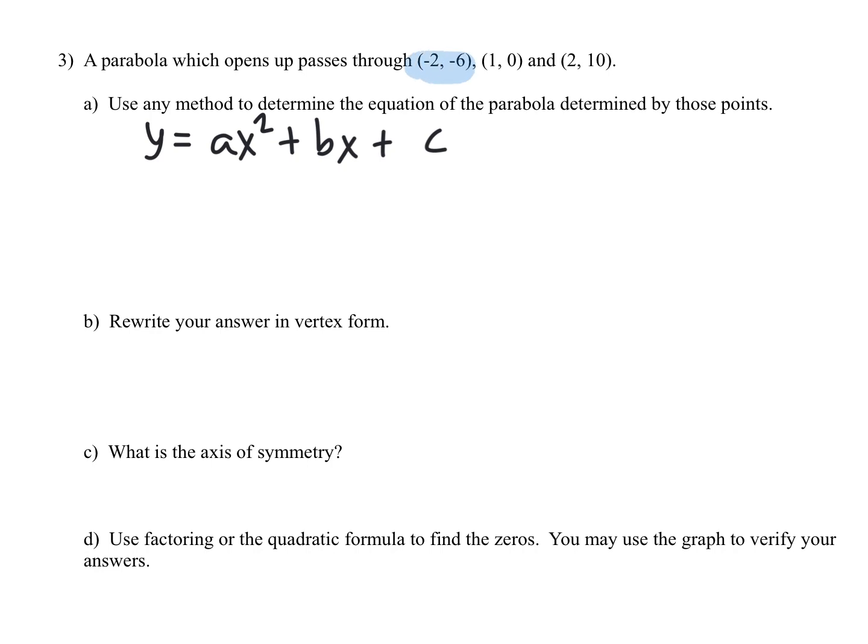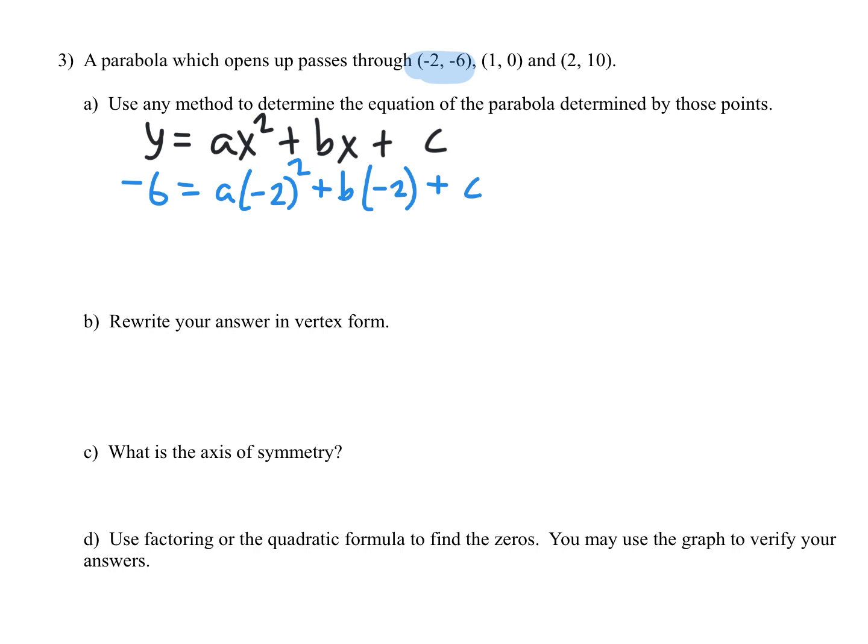So for example, for the point (-2, -6), that equation would be setting the y value -6 equals a, which we don't know, times the x here with that ordered pair, which is -2 squared, plus b, which we don't know, times the x, which is -2, plus c.